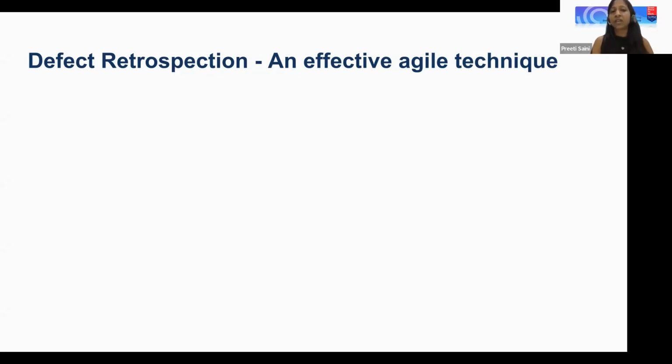Now let's look into the defects retrospection, because it's an effective exercise to gain insights on what's happening when your services get deployed, and can also help you to improve further on your existing quality artifacts or the testing artifacts that you have within your teams.